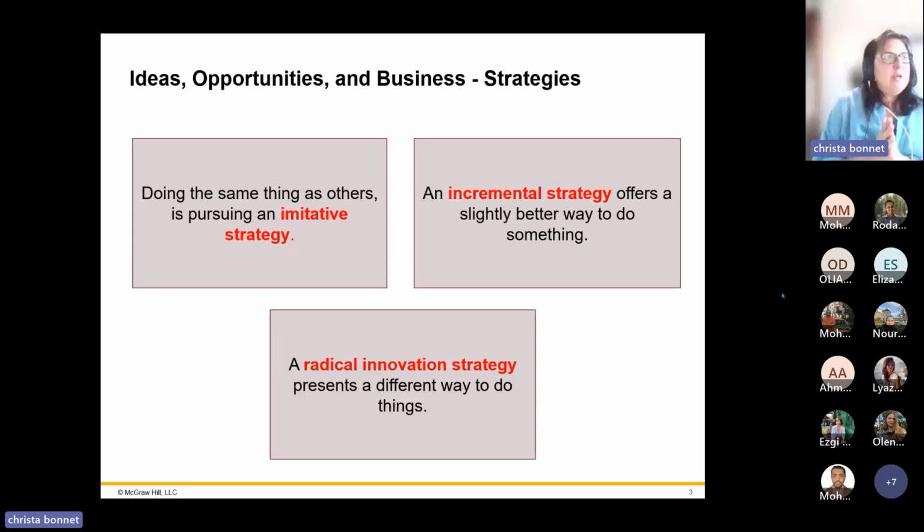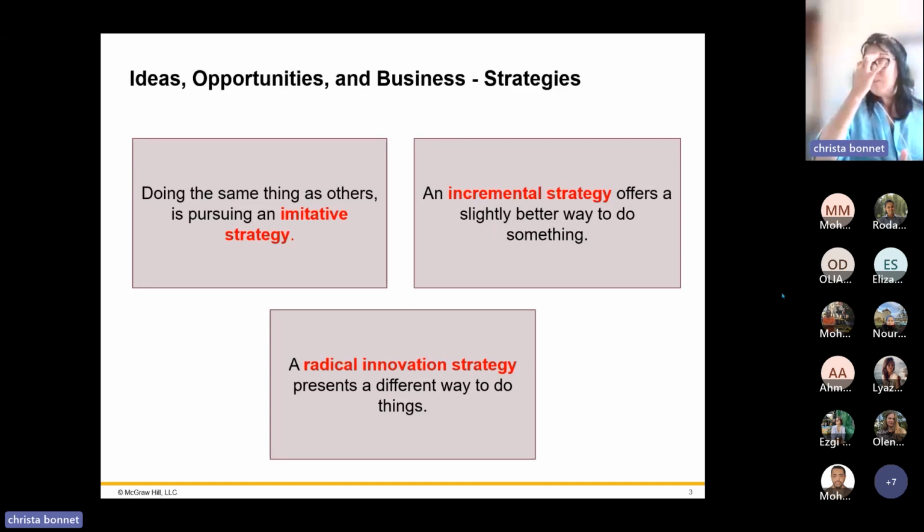Okay, so what we are focusing on today, in terms of small business ideas, is creativity, opportunity, and feasibility. The three things that they highlighted from the chapter are that you can do an imitative strategy.